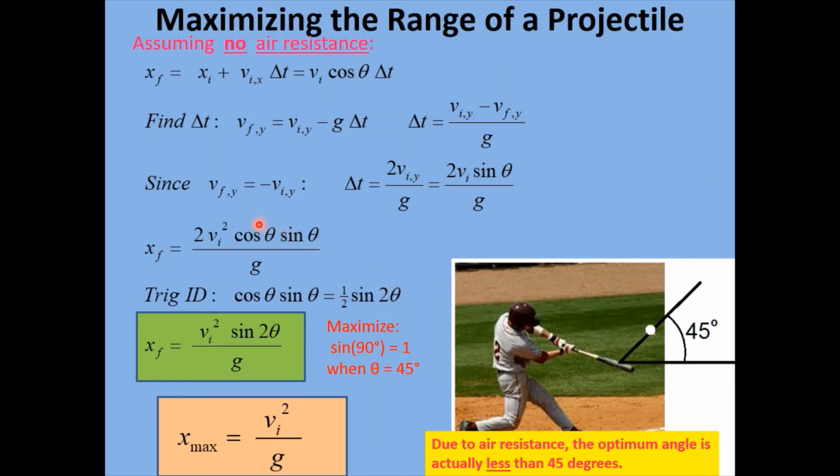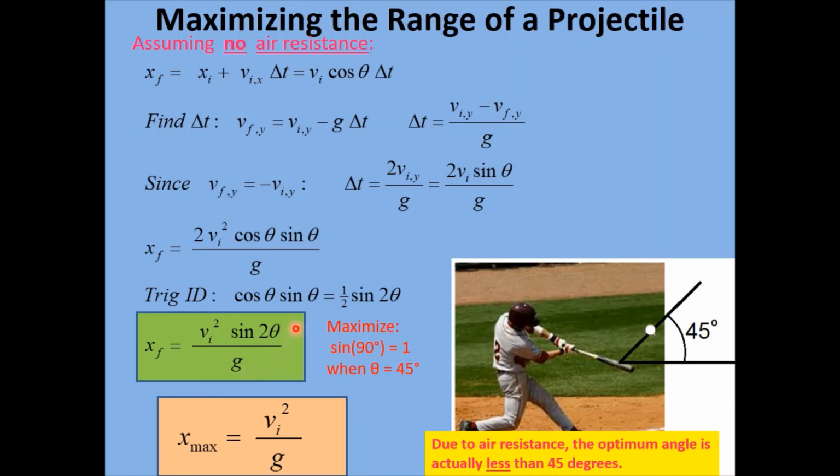So we replace this cosine theta sine theta with 1/2 sine of 2 theta. And notice the 1/2 in front cancels the 2 here. 1/2 times 2 is just 1. So we end up with a reasonably simple formula. The final x position is equal to the initial velocity squared times the sine of 2 theta divided by g.